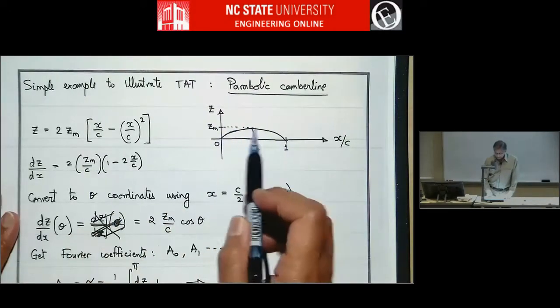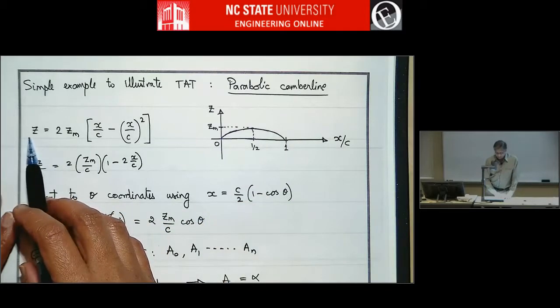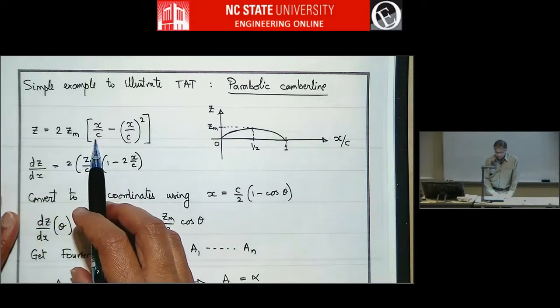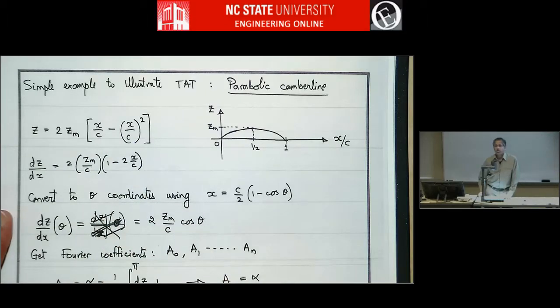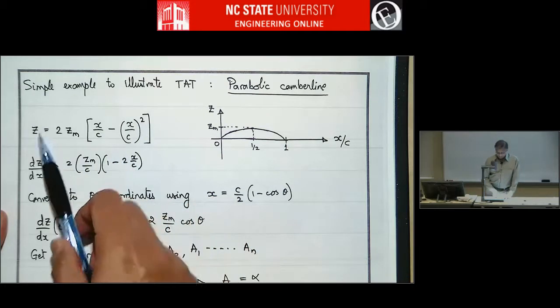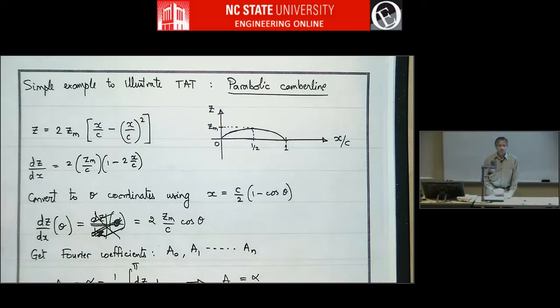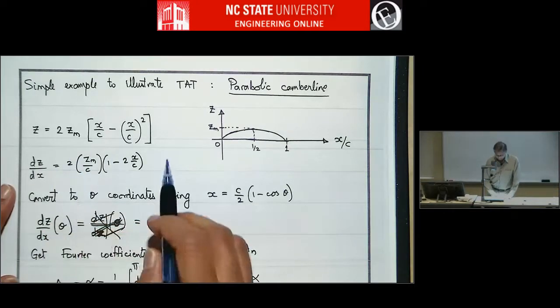So the equation of this parabola is z equals 2Zm times (x over c minus x over c squared). Just a simple shape for illustration. We take the derivative, we'll need dz/dx in so many places in thin airfoil theory. So dz/dx turns out to be this.